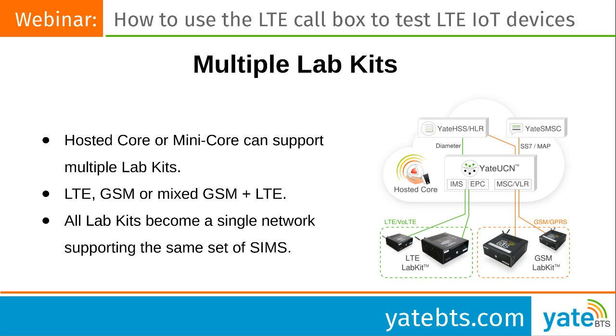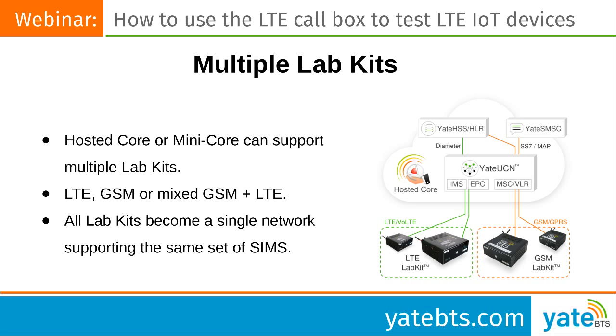The next things we're going to talk about would be tests that involve multiple LabKits. And later, toward the end, we're going to talk about core networks and EPCs and the different test equipment and test fixtures.